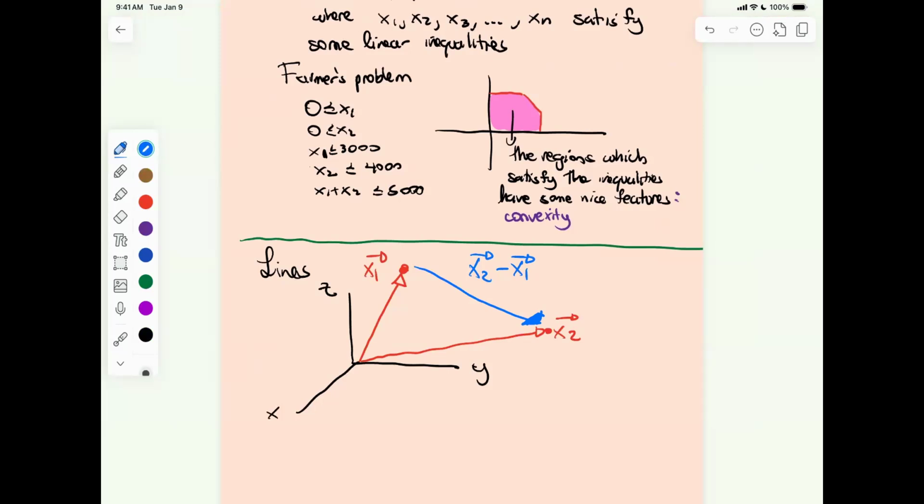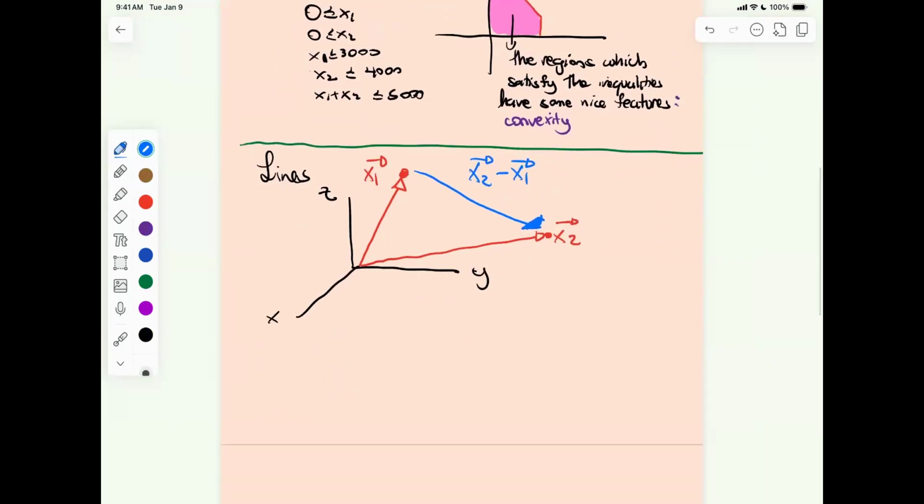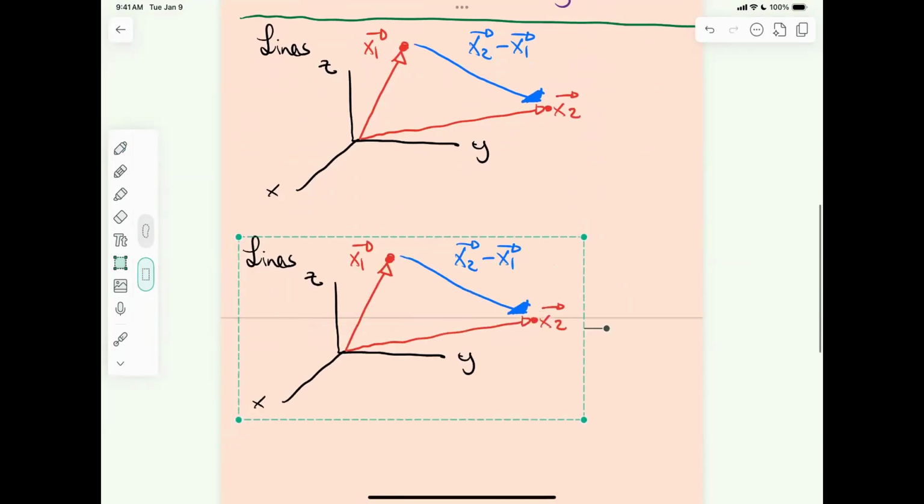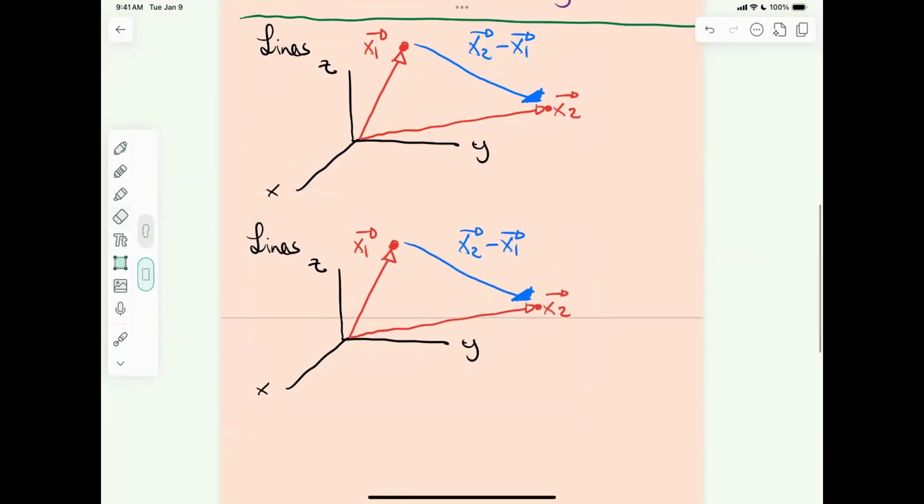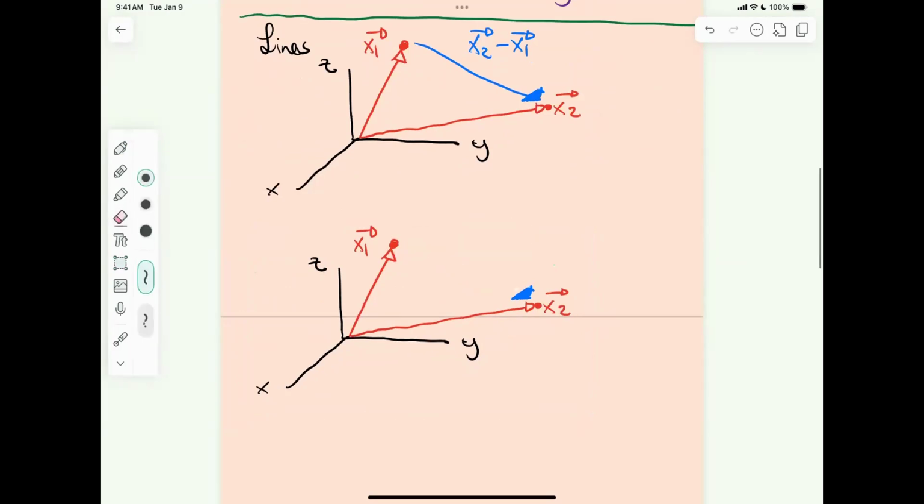So just imagine that I multiply this vector by a quantity, I rescale this vector. I'll make a copy of this. Just to start with something concrete, let's say I multiply that vector by 1/2.